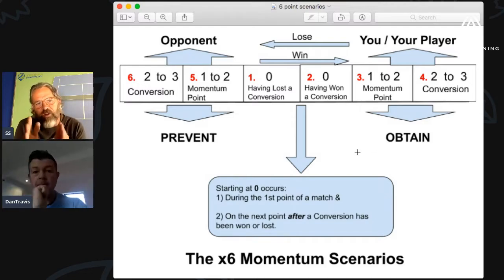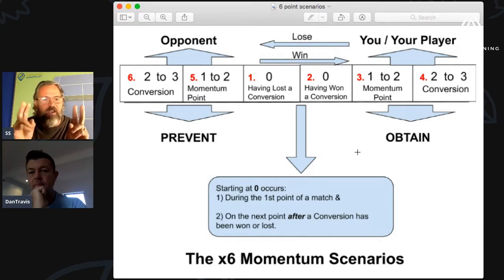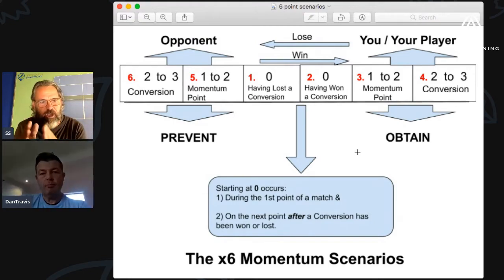Correct. And I divide up the game into 3 sections: the beginning of the game, the middle of the game, and the end of the game. So, for example, the beginning of the game is love all, or 0-0. The middle of the game is 30 all, and the end of the game is 40 all. And then you can start to see how the momentum and conversion points weave their way through the game.